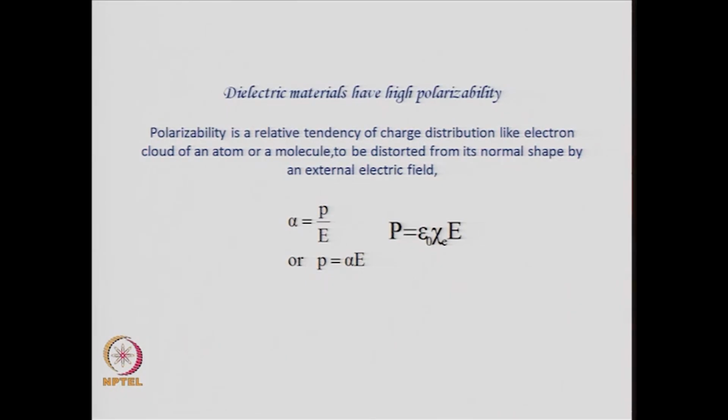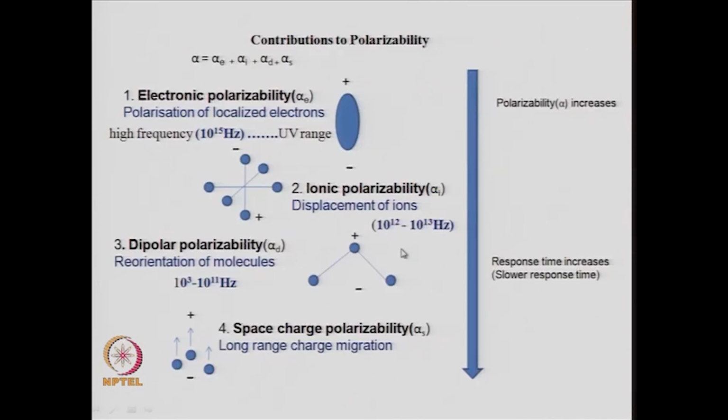Basically, if something is polarizable, that means you can deform the electron clouds of the system and separate the negative and positive charges, then it has a high polarizability or high polarization, and it will have a high dielectric constant.